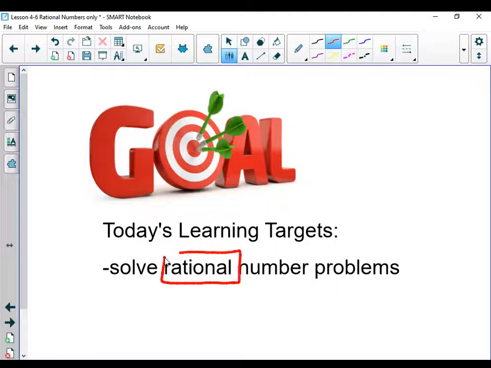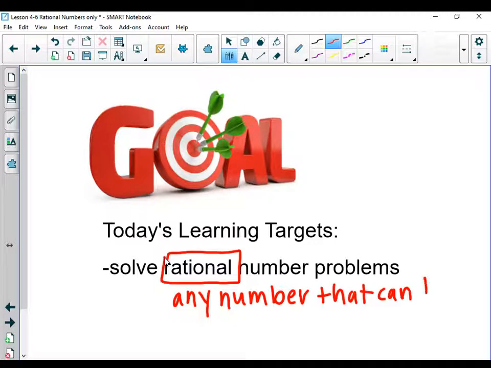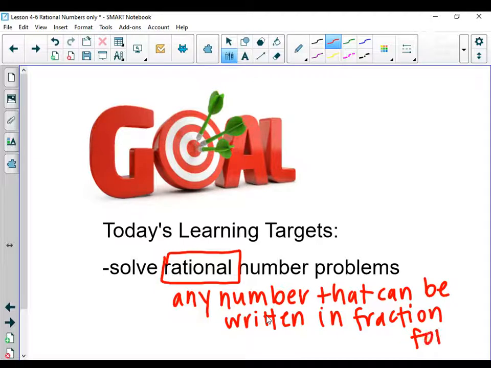And if you remember last time, rational numbers. Rational numbers, any number that can be written in fraction form.